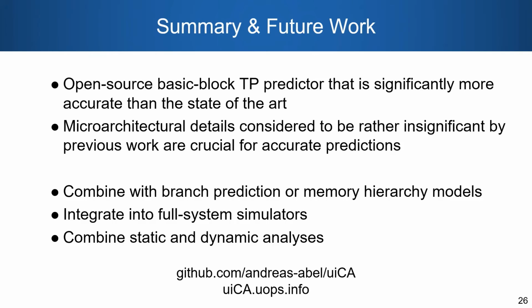While we focused in this talk on compute-bound basic blocks, there is nothing that fundamentally limits our simulator to such code. It should, for example, be relatively straightforward to combine our simulator with a branch prediction model to support predictions for instruction sequences that could potentially have multiple branches.